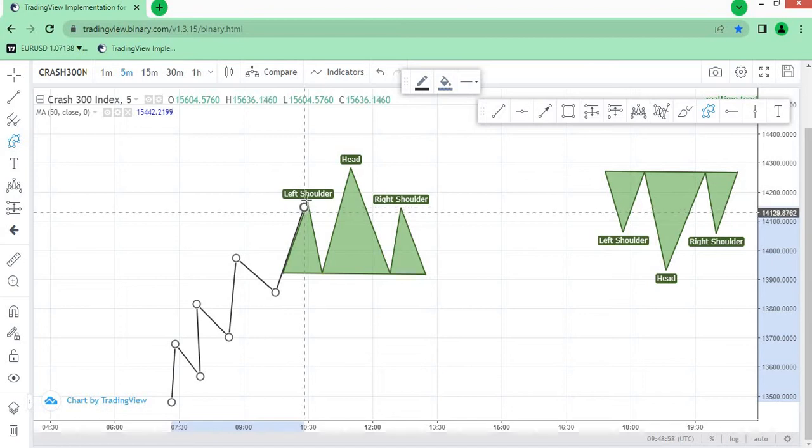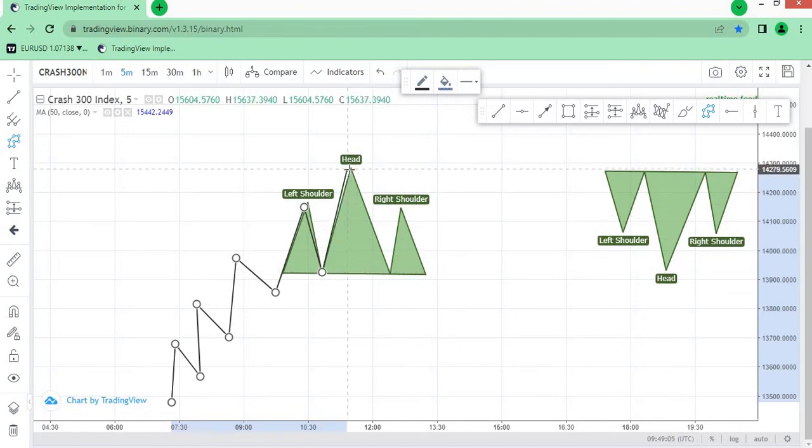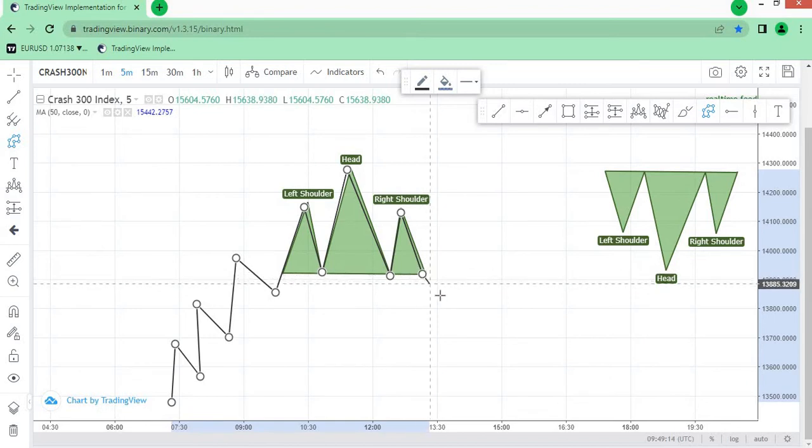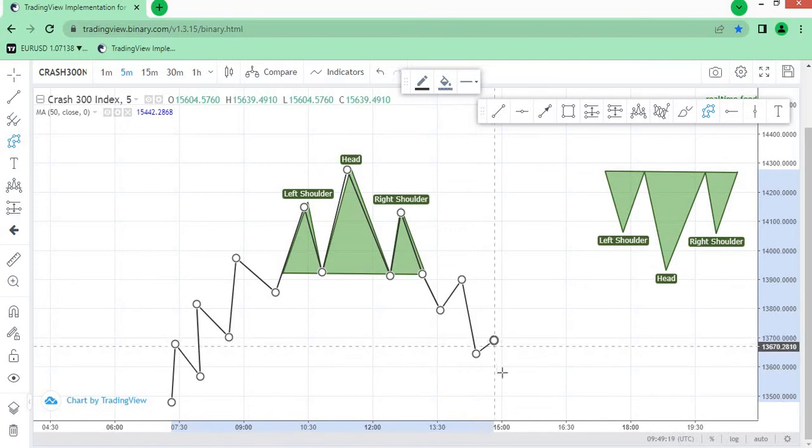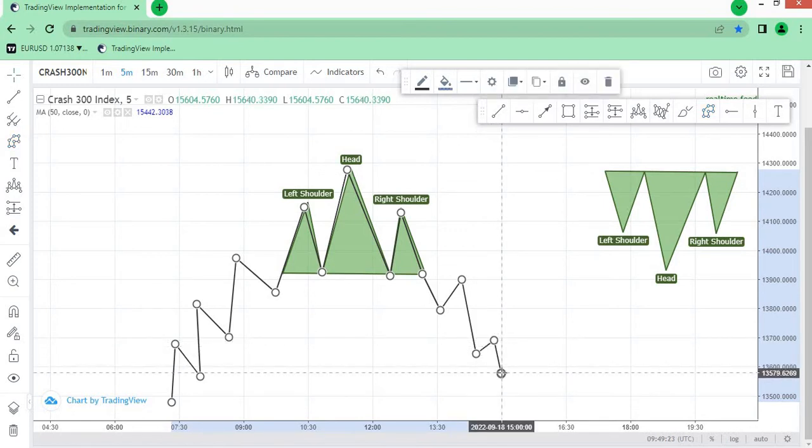The market creates the first left shoulder, it tests this and also creates the head, and also comes back to test and creates this right shoulder, guys, and starts creating lower low, lower high, lower low. Now this strategy is mainly used to catch the market reversal pattern, and it is a very effective pattern to trade on the market, guys.